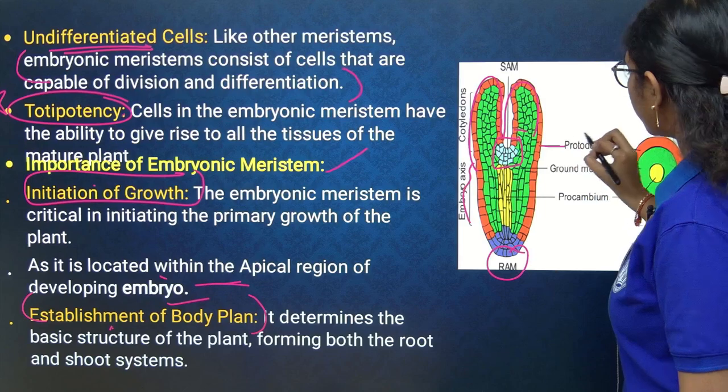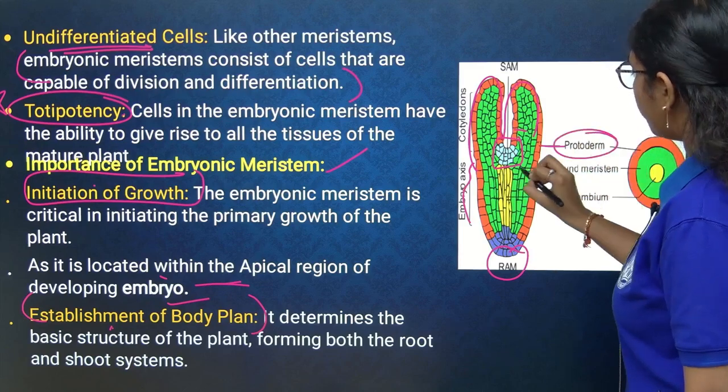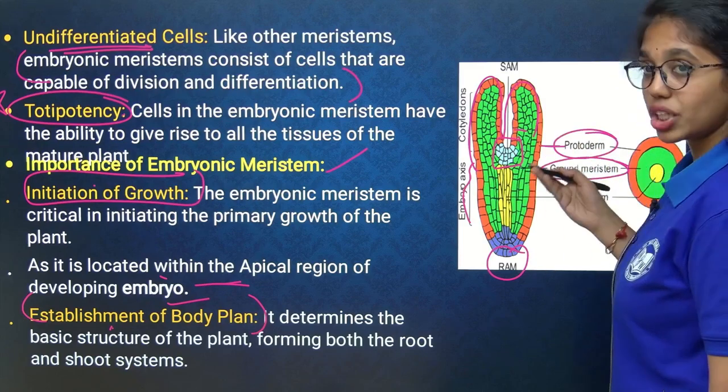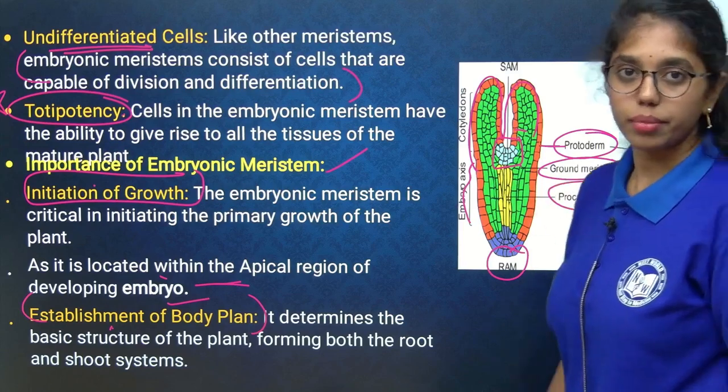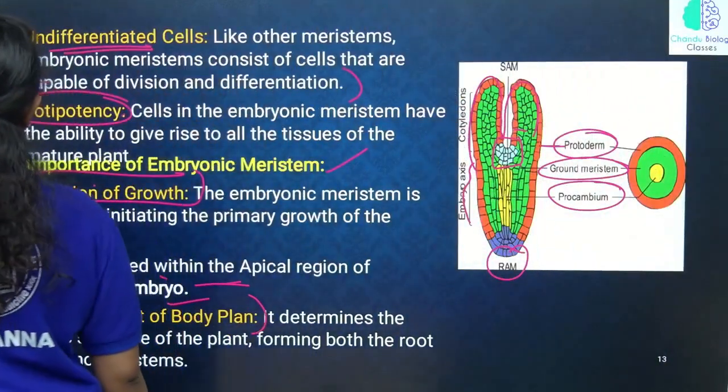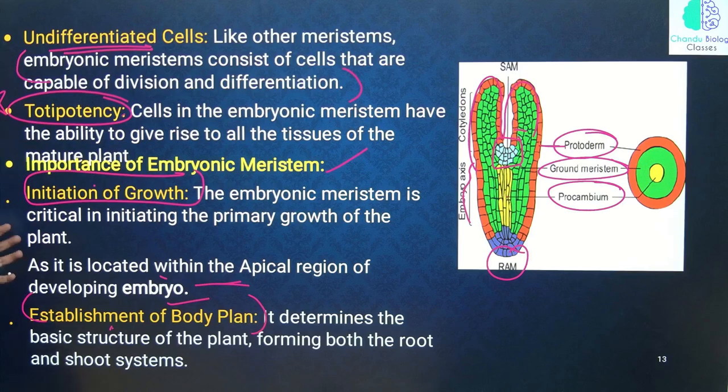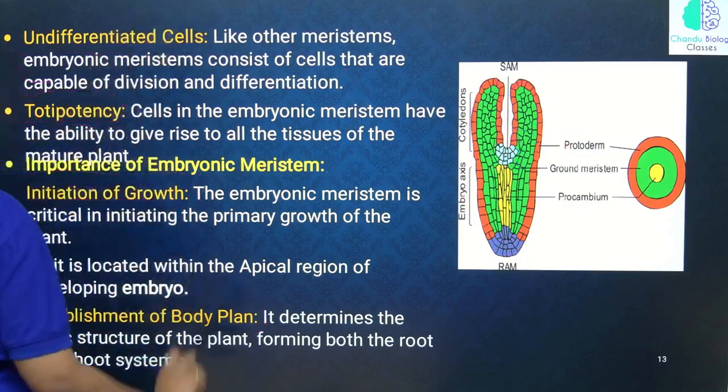The outer region develops to protoderm, the middle ground meristem gives rise to cortex, and this is the procambium. Clear? So the main functions you have to remember with embryonic meristem is those cells are totipotent and they establish the body plan, they initiate growth in the plant body.